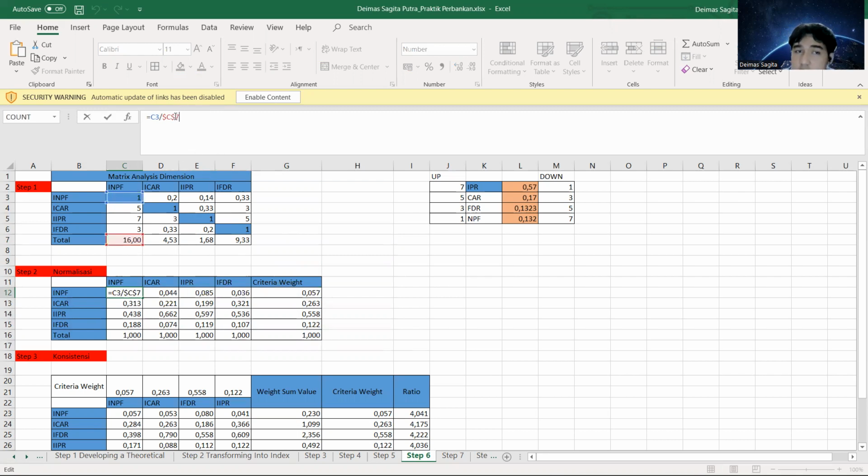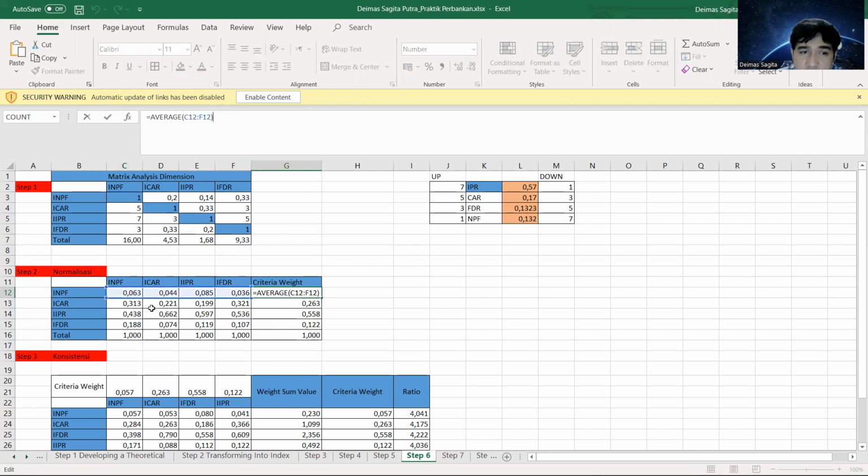Don't forget to lock your data and just enter. You can just block your data, and it will directly be the same as the first formulas.